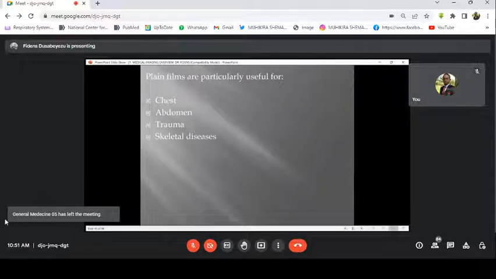For skeletal disease, bone tumors or osteomyelitis infection, plain film can help much. Those are the four areas where we especially use plain films. We are talking about conventional radiography, plain films.